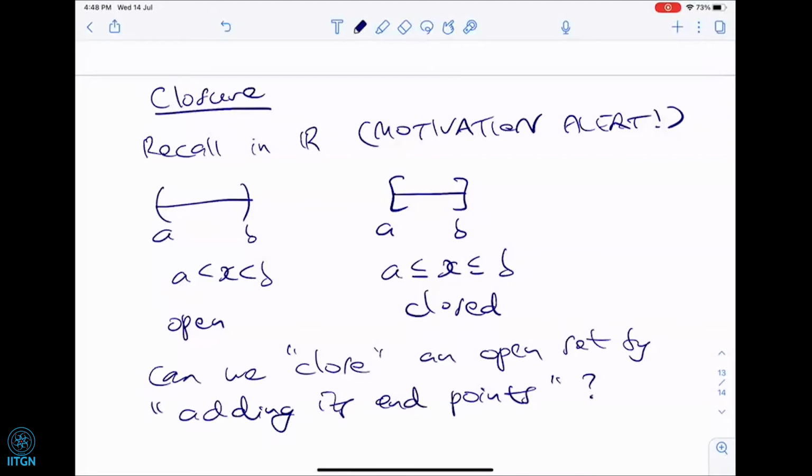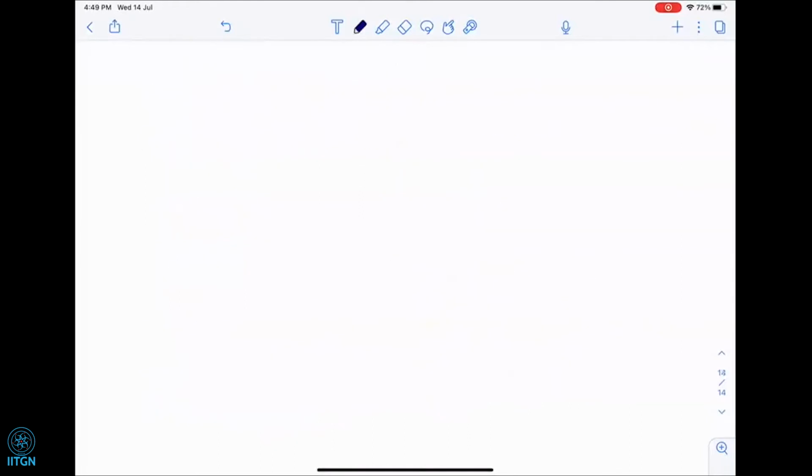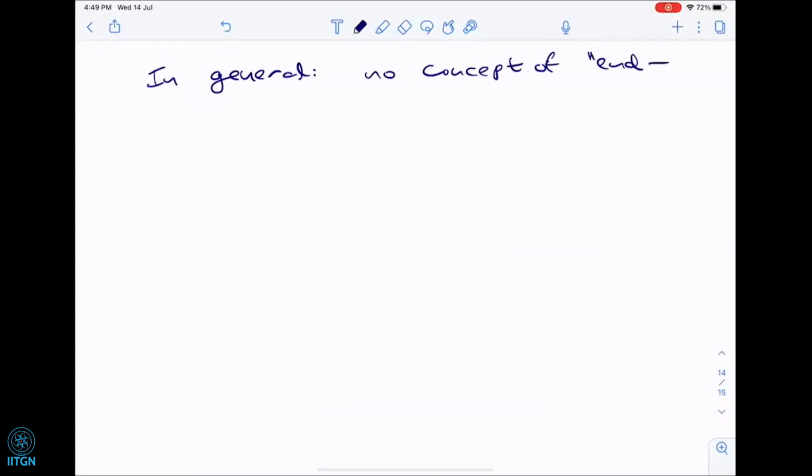In R, it's well defined. We can certainly add the endpoints of an open interval and make it a closed interval. That's just a fact in the definition. But is it more general? Now, see what the obstacle is to going more general. In general, we don't necessarily have a metric. We don't necessarily have any concept of limit or endpoint. So no concept of end point.